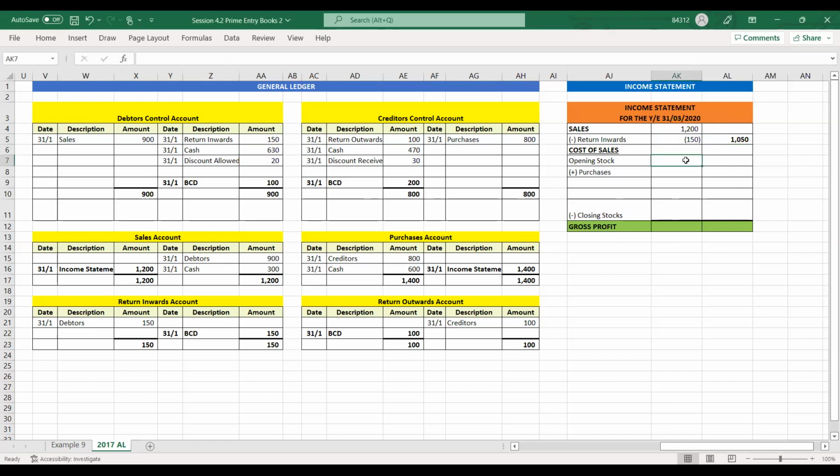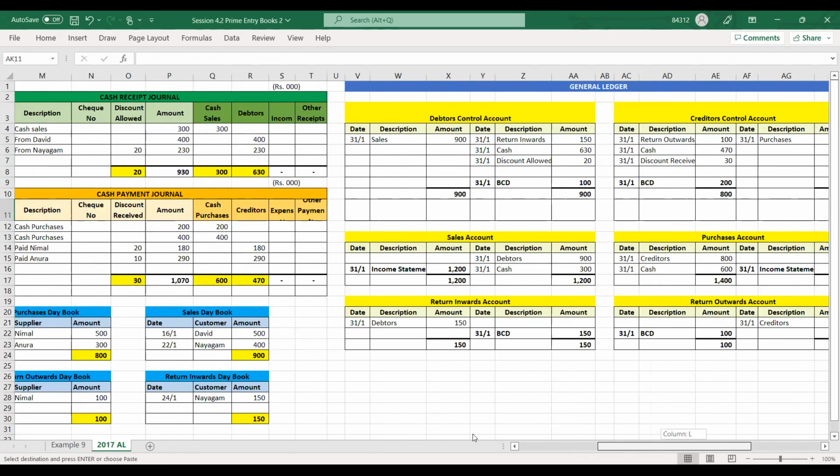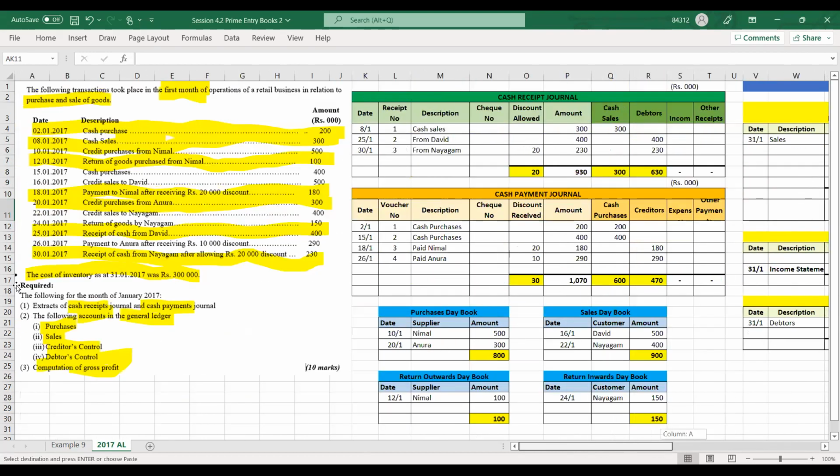Opening, there is no stock. Purchases 1,400. Return outwards 100. Closing stock: in the question, they have said a separate point.